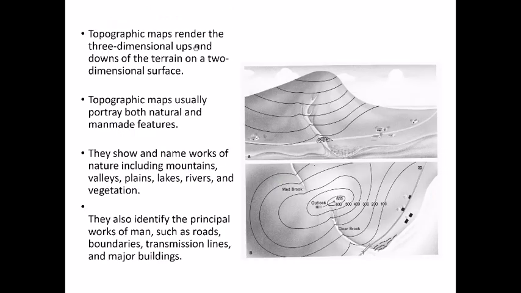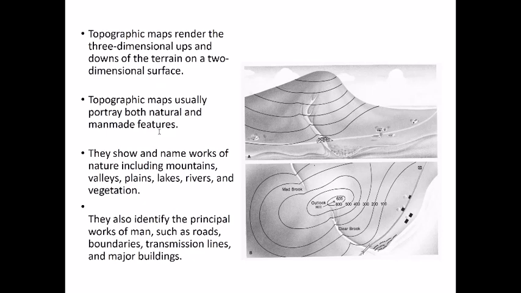Topographic maps render the 3D ups and downs of the terrain on a two-dimensional surface. So the undulations incorporated into a map give you a 3D look, but that is shown on a 2D map. That is one benefit of it. Topographic maps usually portray both natural and man-made features. It doesn't have to be just for the natural features.